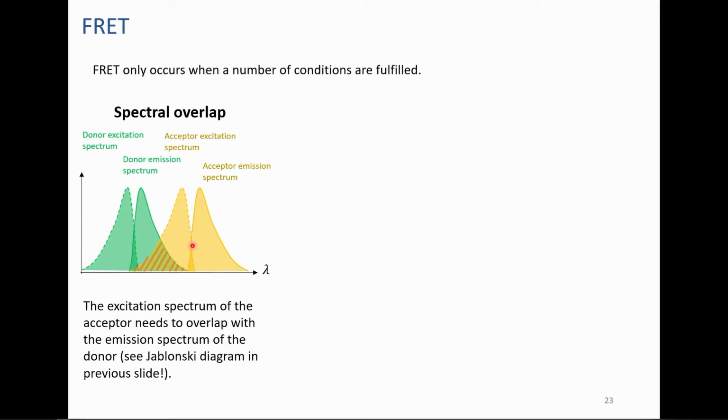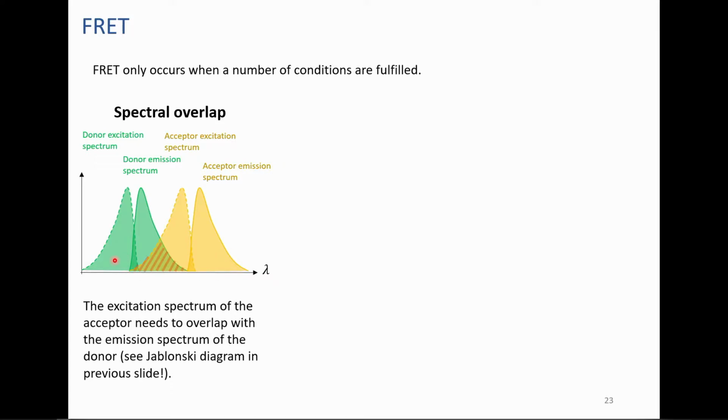So in other words, the energy band of the photons that emit from the donor must overlap with the excitation spectrum of the acceptor. Okay, and then the acceptor emission spectrum is of course Stokes shifted to the right.